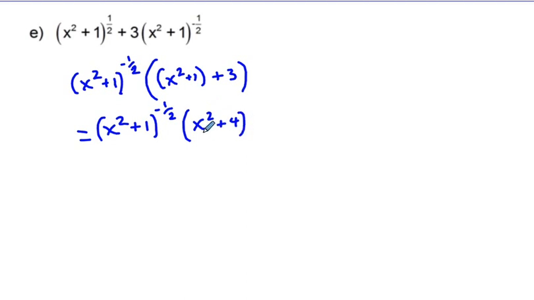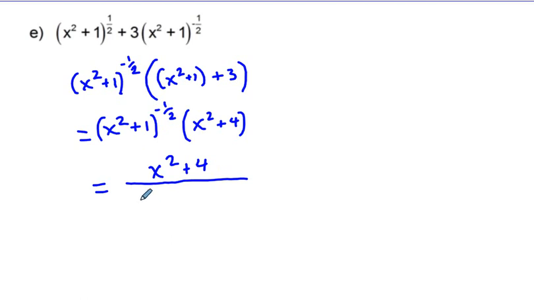And this x squared plus 4 is not factorable, but this value here, the negative 1/2 power, is going to be, by taking the square root and moving it down to the denominator, so we're going to have in the numerator x squared plus 4.